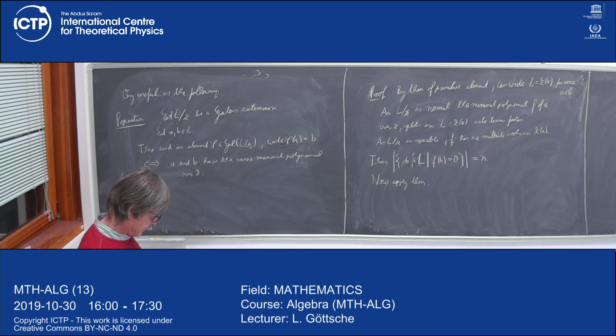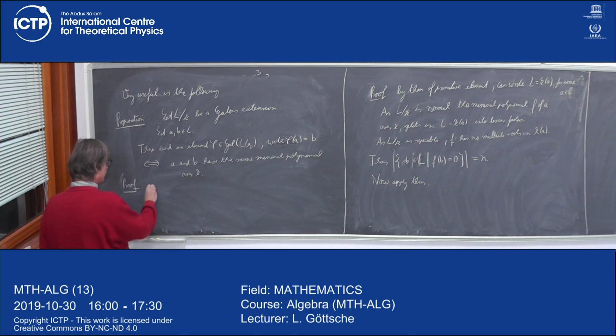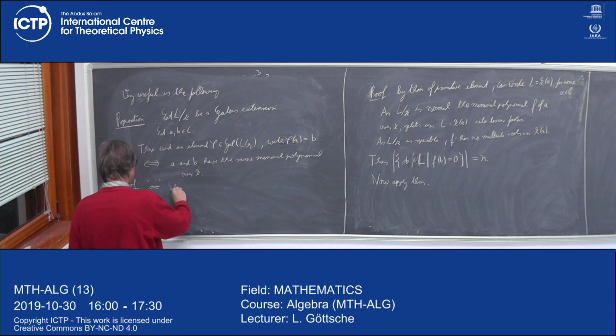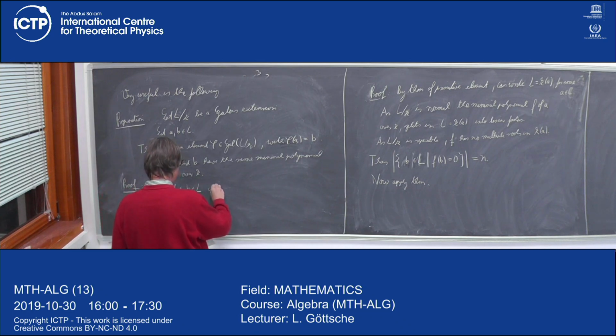It's an if and only if. So now assume they have the same minimal polynomial. So let A and B be elements in L with the same minimal polynomial over K.